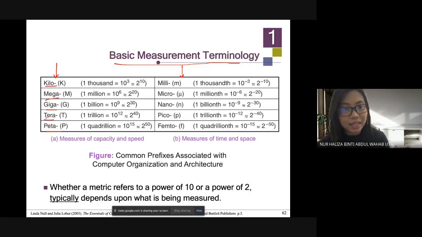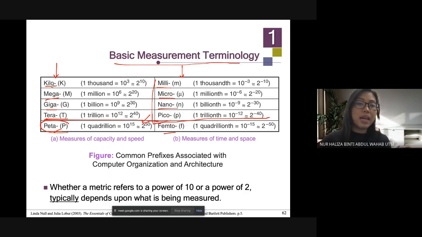I guess in school it's until tera, but now you can see there is also peta, and then milli, micro, nano, pico. I guess in your secondary school you learned until over here, but now you have learned the peta and also femto.